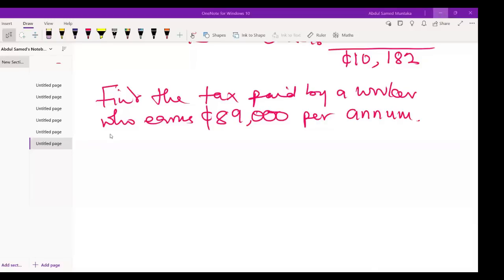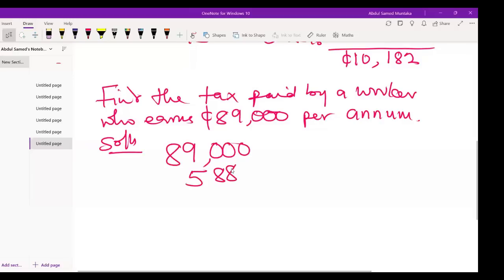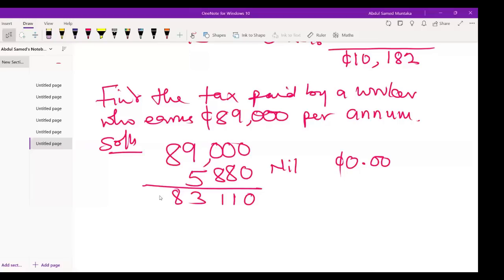Okay. Solution. This is already an annual income, so we are not going to multiply it by 12. We apply the first 5,880, which is nil. So this person will pay 0.00 tax on it. We subtract this and we will get 83,120.